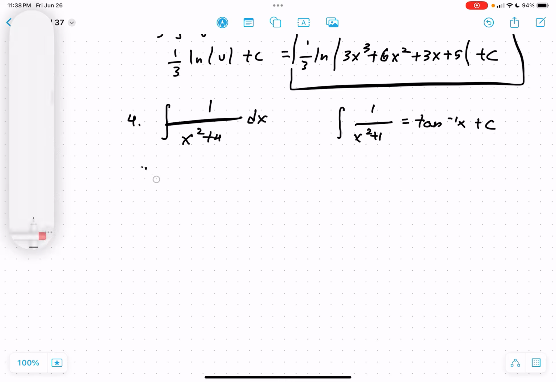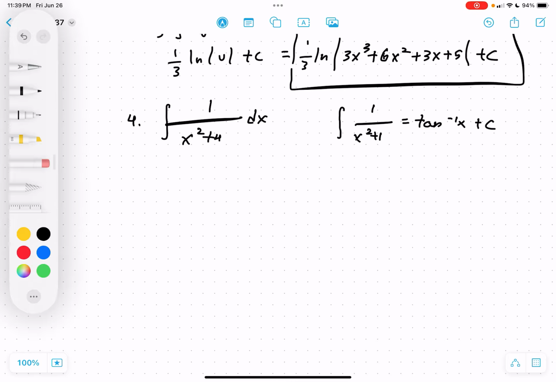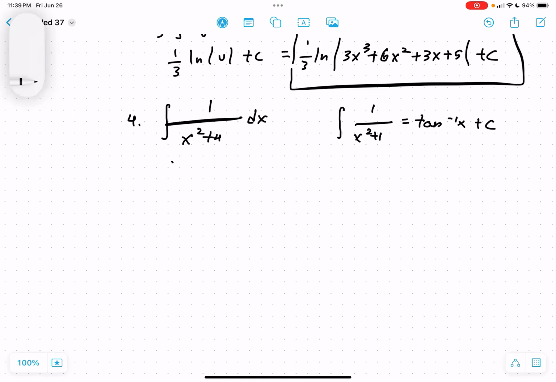and I will get the integral of 1 over 4 times x squared over 4 plus 1 dx.